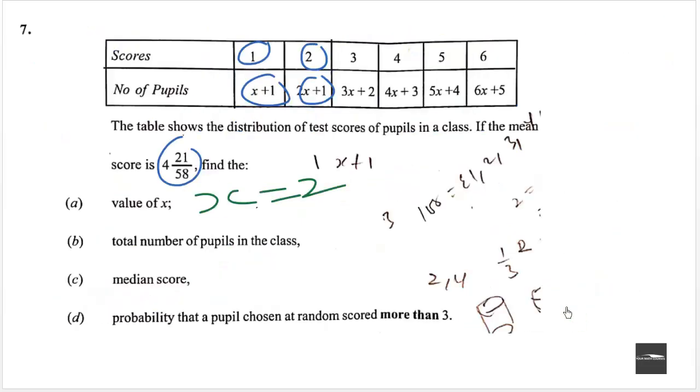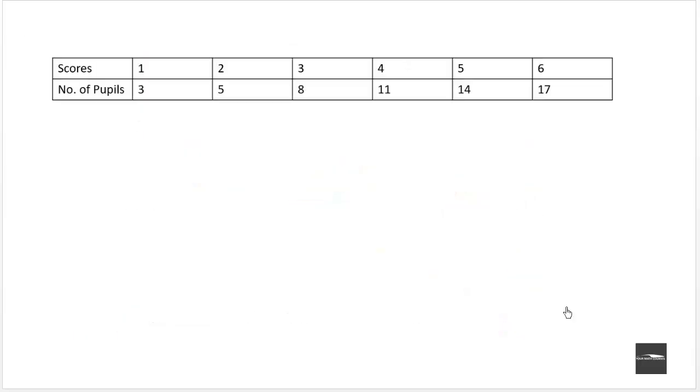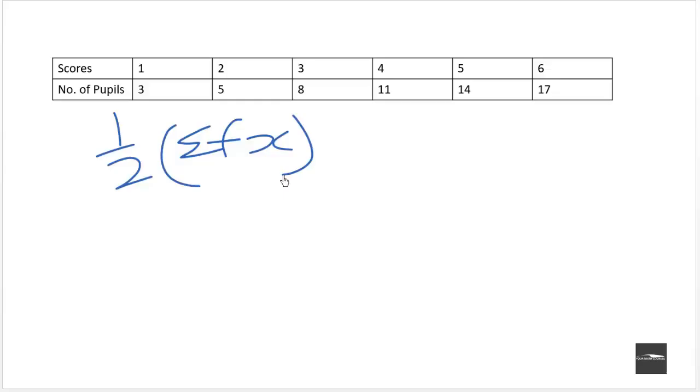Then we're asked to also find the median score. With the median score, the table will now be looking like this when we substitute the value of x. The median is the score that corresponds to half summation f.